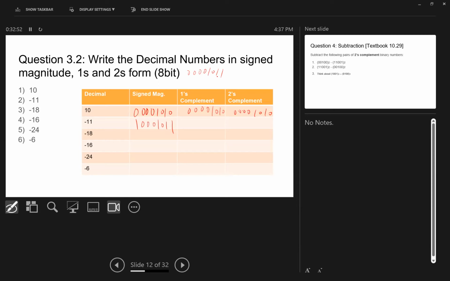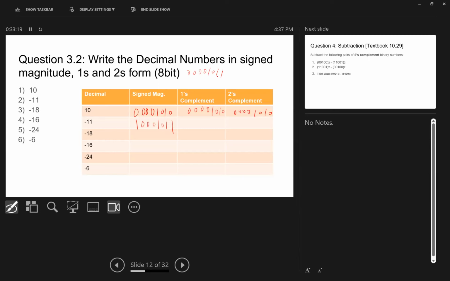Is it clear? For 1's complement and 2's complement, we ignore the sign symbol and transform the absolute value of the decimal number according to the requirement. Here the requirement is the 8-bit representation.